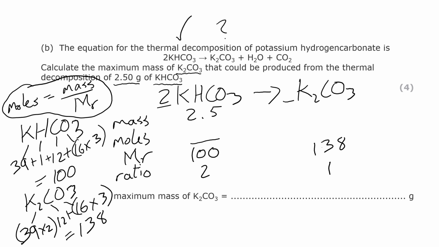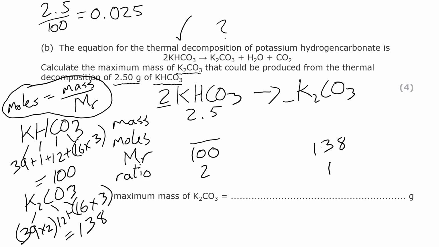Right, so we're going to work out the moles of KHCO3, and I've got the mass as 2.5, and I've got the Mr, which is 100. So if we do it over here, 2.5 divided by 100 equals 0.025.